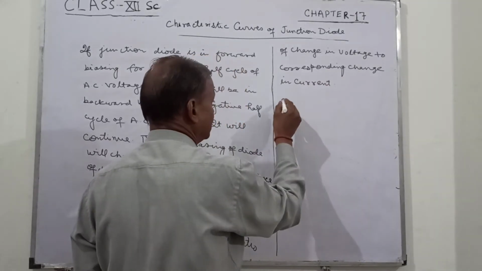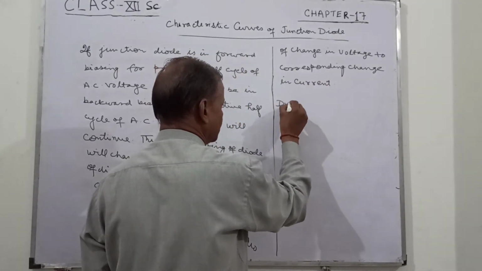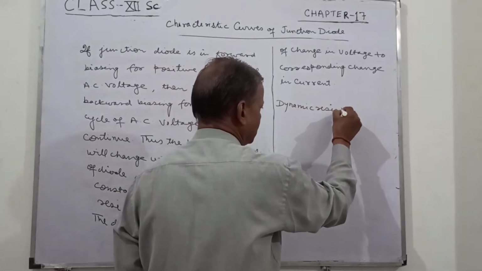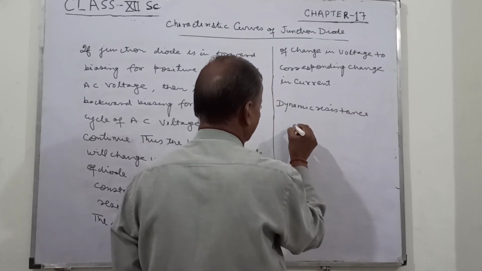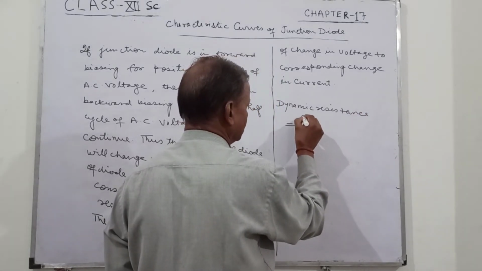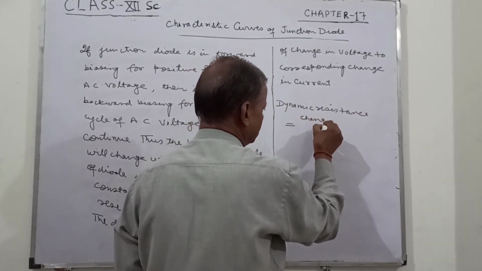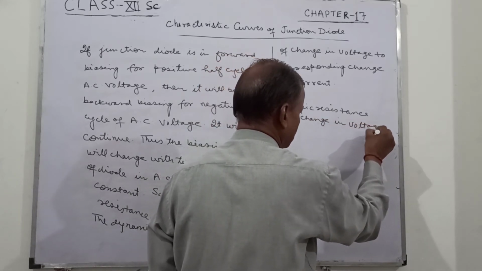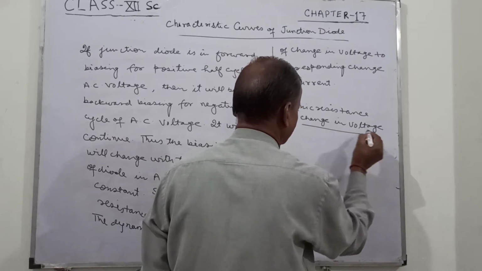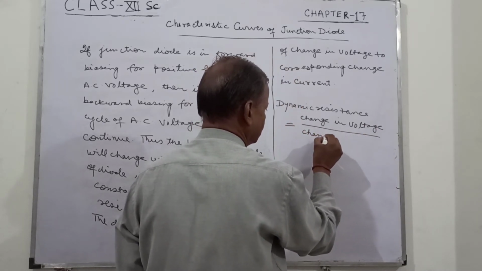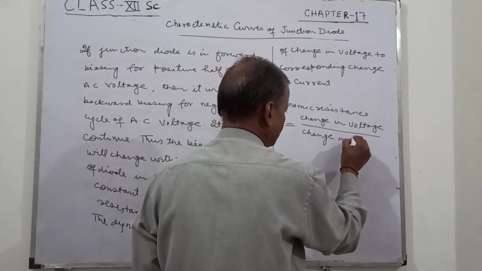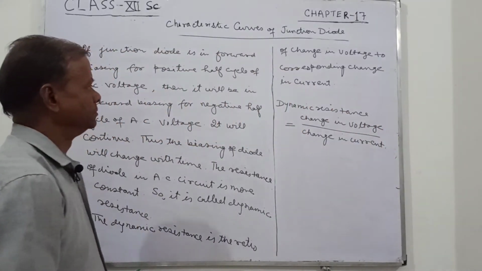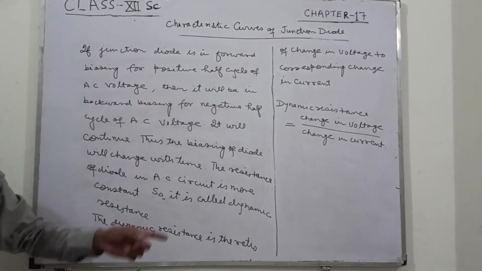It means that the dynamic resistance is equal to change in voltage upon change in current. So this is the resistance.